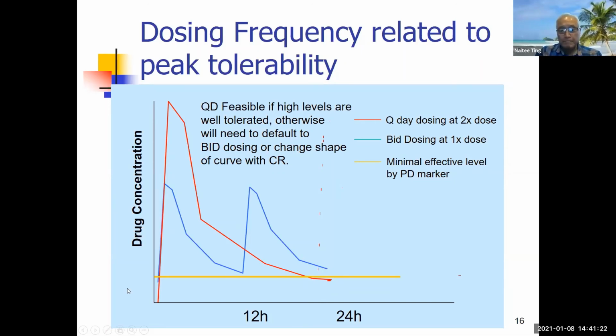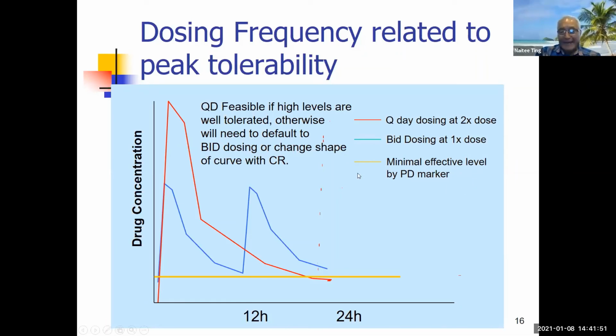Now this yellow line is based on the preclinical studies. From preclinical, you would establish some minimum effective drug level. You have to have this much drug in the blood based on the PD marker, the pharmacodynamic marker. The biomarker I just mentioned is probably like the level of beta agonist you're reducing or something like that.